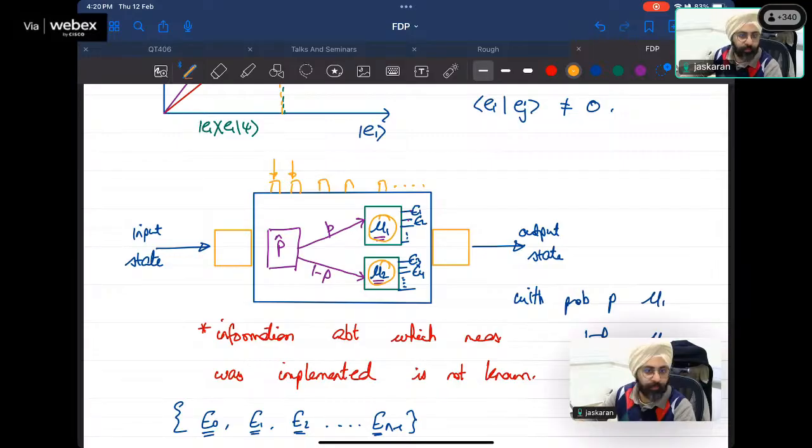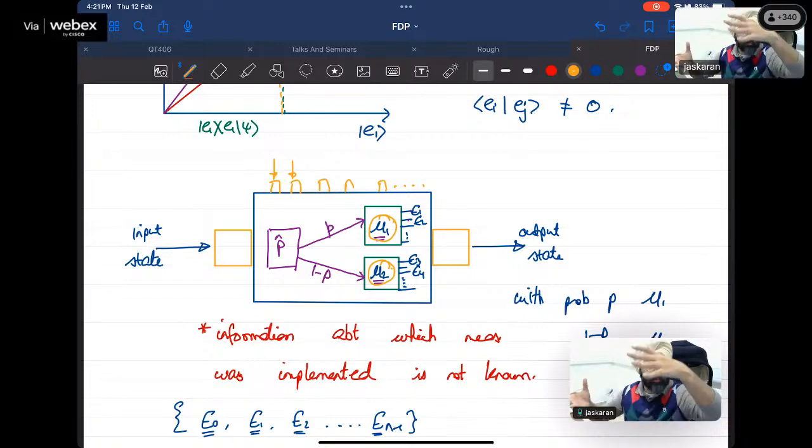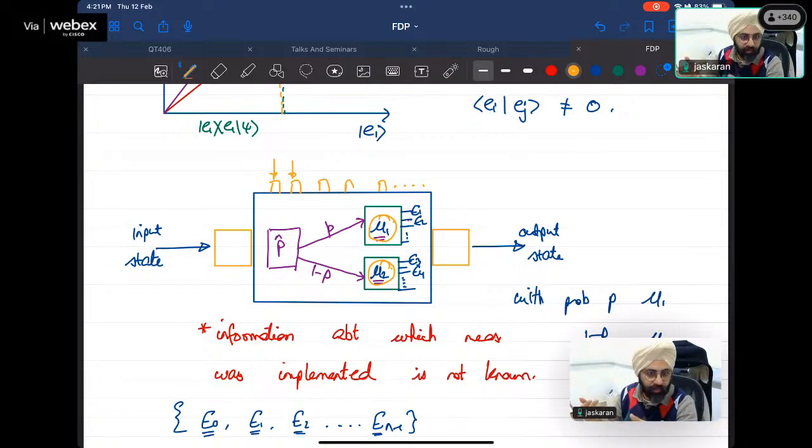which measurement was implemented in one particular instance, that information is still not known. Remember that we can choose what is being measured corresponding to mu1 and mu2. There might be others as well, not just two. So we can have mu1, mu2, mu3, each of them being implemented, let's say, with some probability p1, p2, p3, and so on and so forth, right?